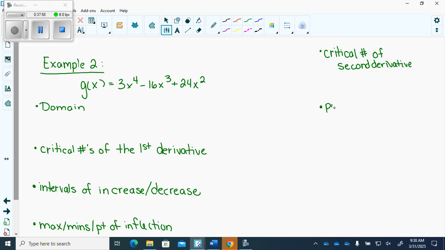Points of inflection. The critical numbers give you the points of inflection. From there, you can get the what? Yeah, intervals of concavity.